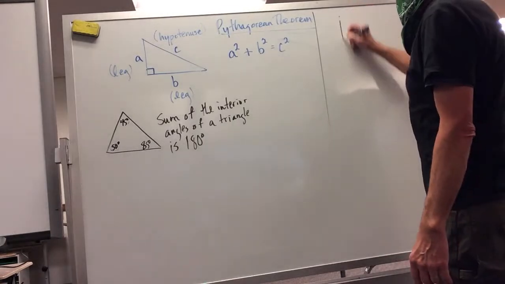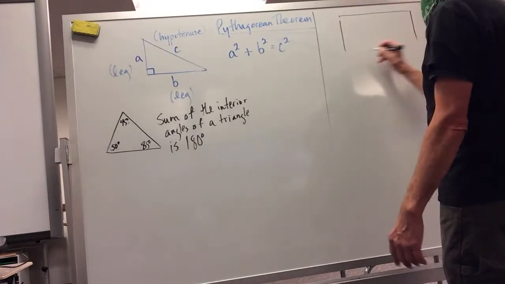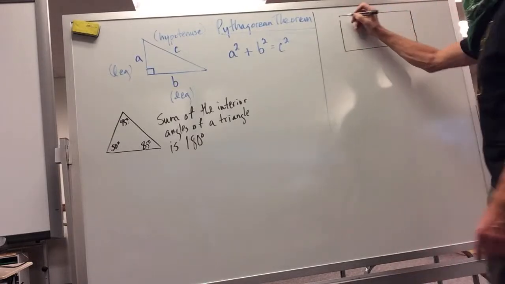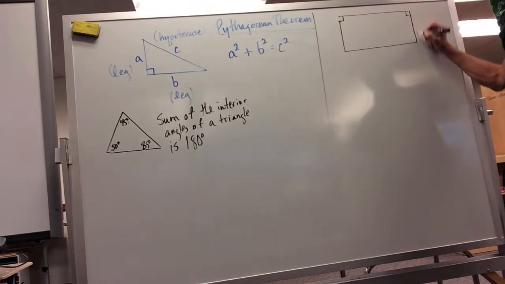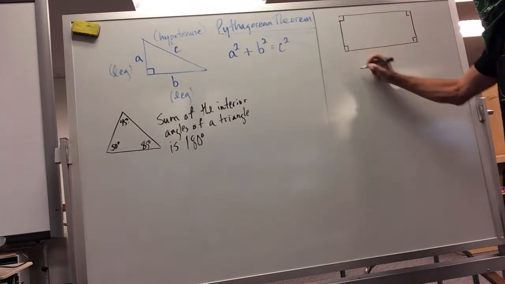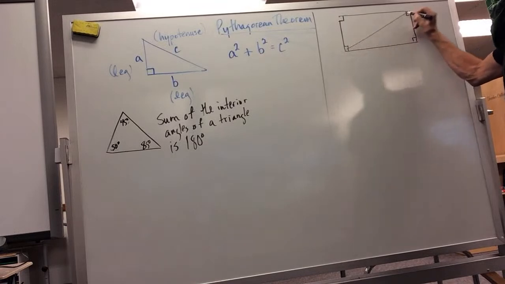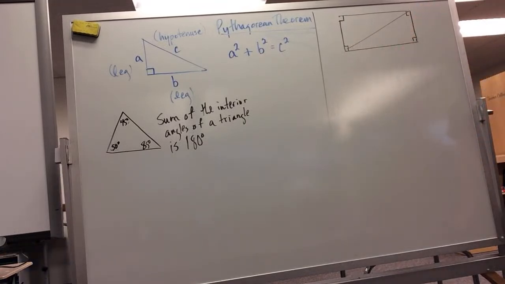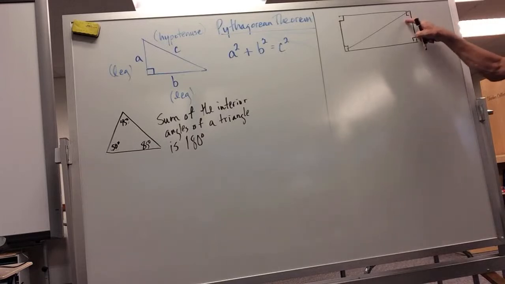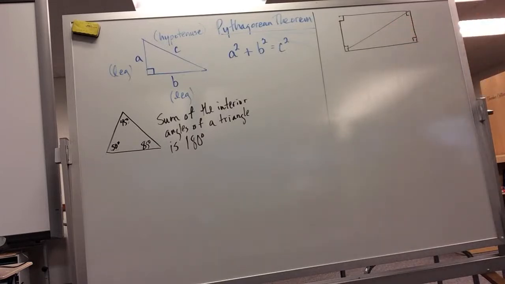Now, keep this in mind. If something is square like this, in all 4 corners, there's going to be a diagonal that can be drawn. And that diagonal is going to be the hypotenuse of a right triangle.